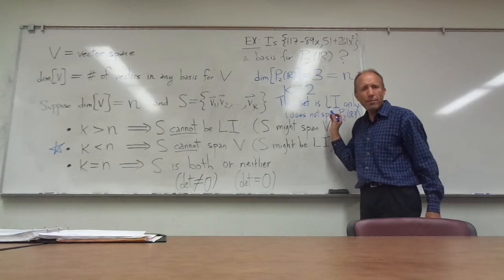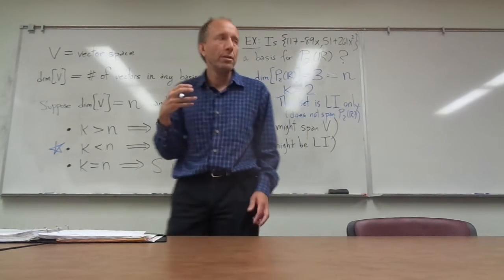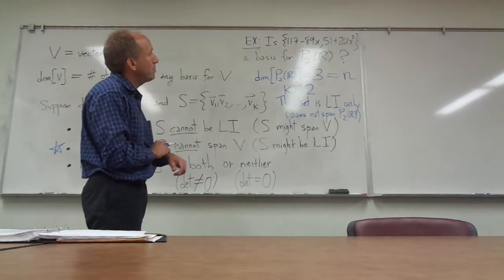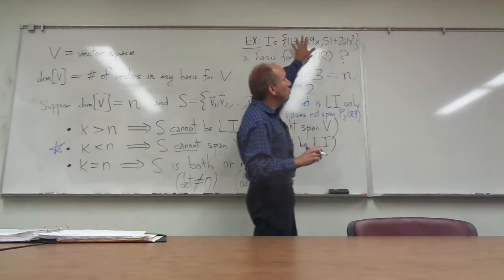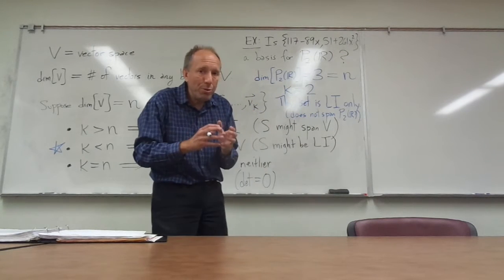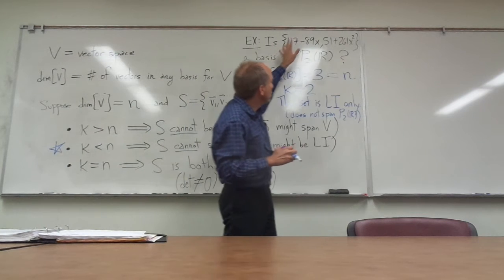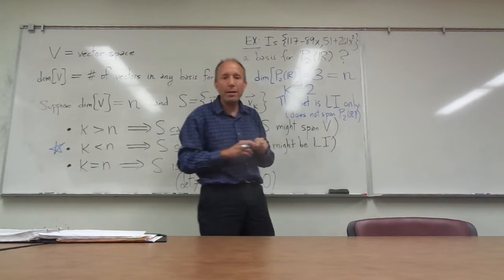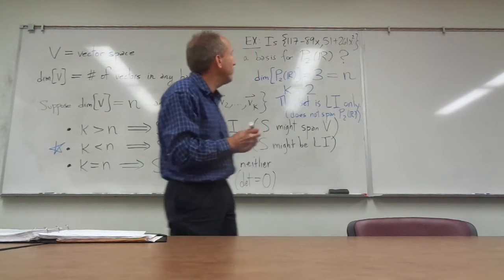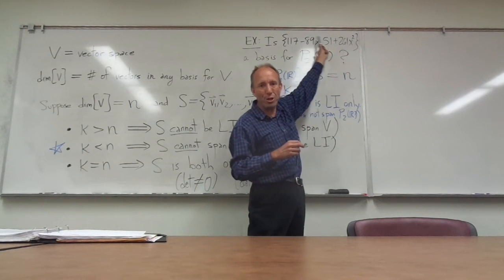Do you know why the vectors are linearly independent? I can actually say that without even doing anything in this case because I only have 2 vectors here. Let me remind you that when you have exactly 2 vectors, those vectors will be linearly independent if and only if those vectors are not scalar multiples of each other.